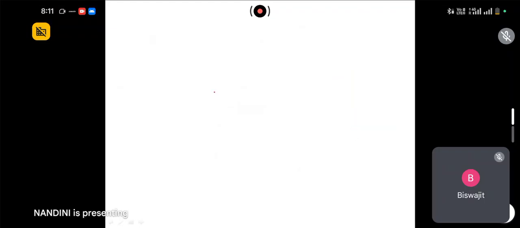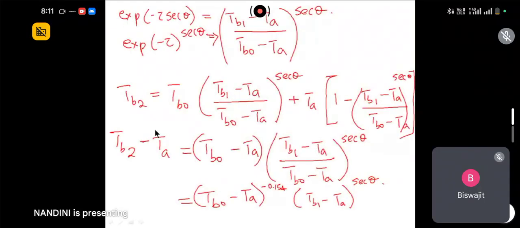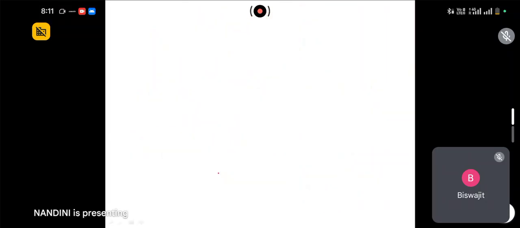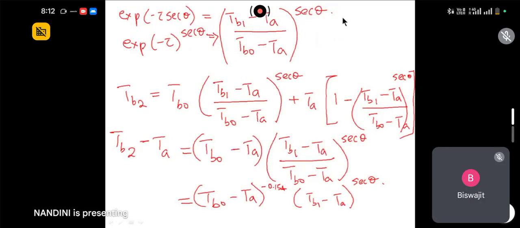Now if we substitute the values here in the left hand side, TB2 is 298 and TA is 250. 298 minus 250 is equal to TB0 minus TA, which is 250, the whole raised to 1 minus sec theta, which is minus 0.154, into TB1 minus TA.